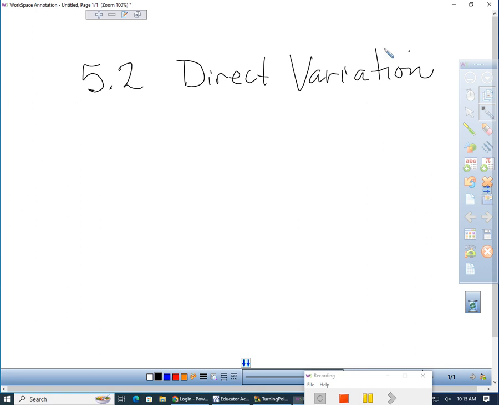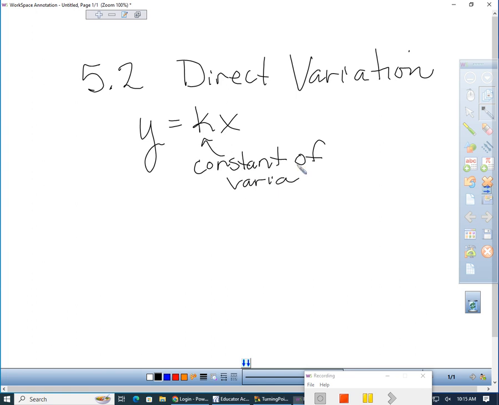Direct variation is a line equation that is in the form y equals kx, where k is our constant of variation. So if it's in this form where there's nothing added to the end, this is a direct variation.